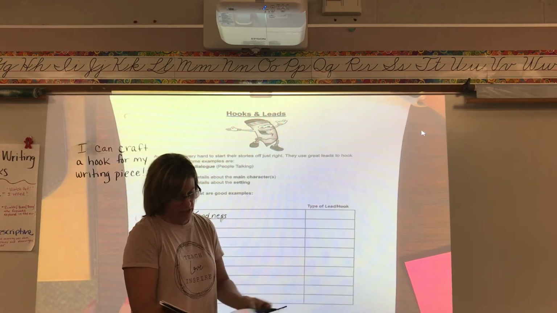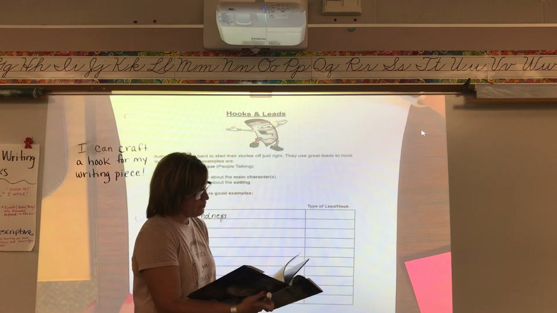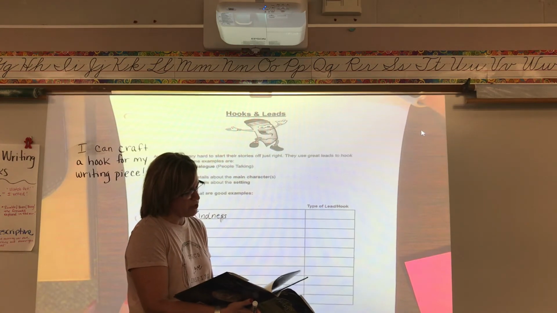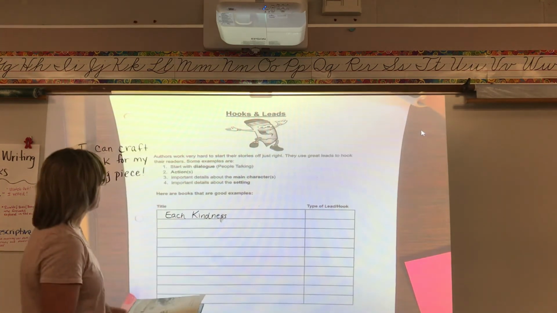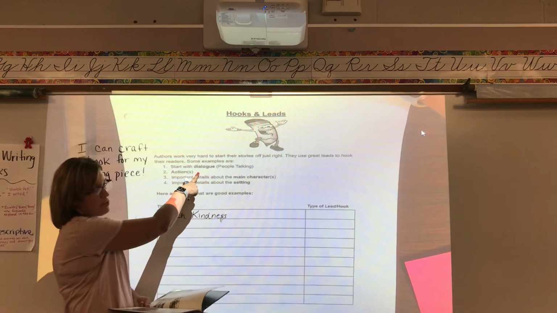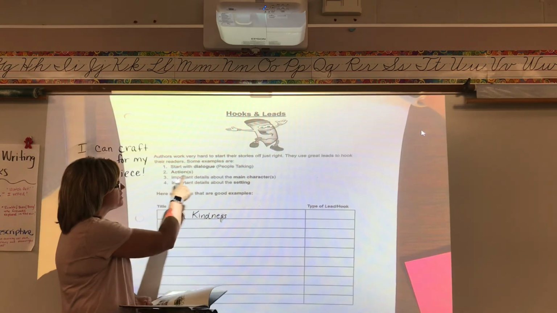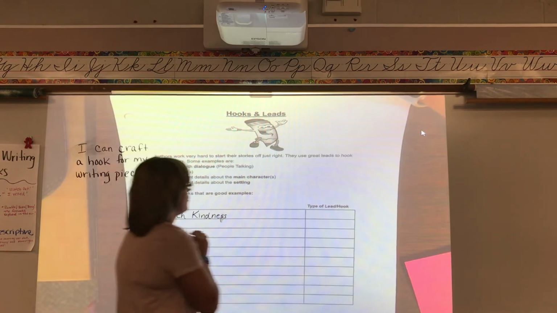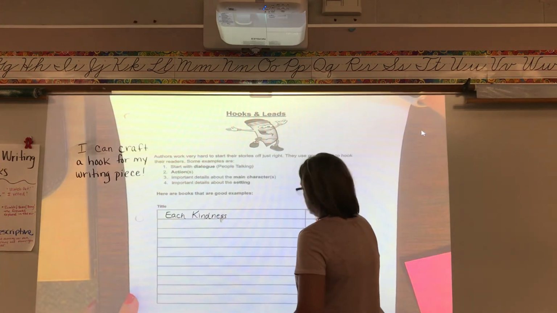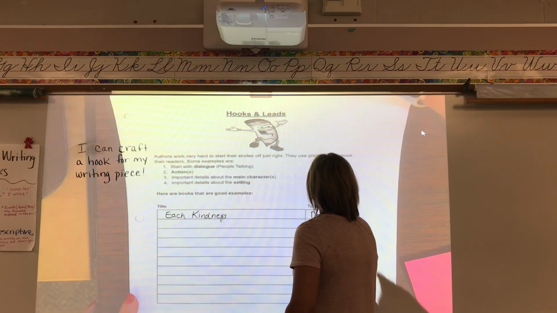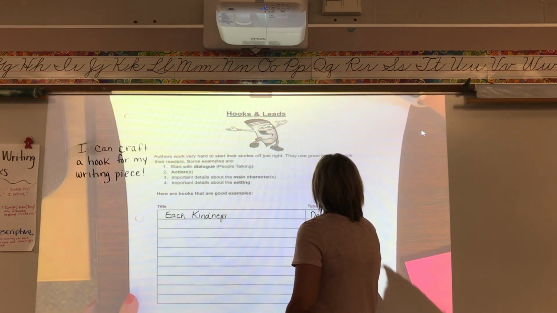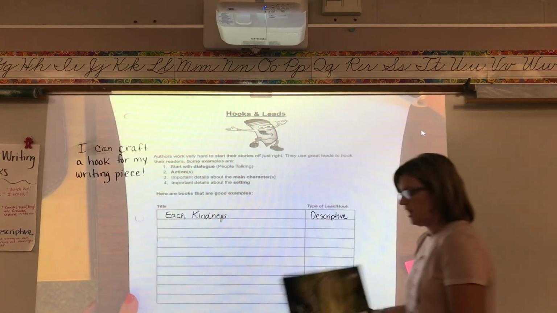You just go to the very first page, and it says, that winter snow fell on everything, turning the world a brilliant white. Well, it didn't start with dialogue. There was no one talking. It wasn't action, but it was really describing the setting. So I'm going to say that it is a descriptive lead. Then I would close that book.